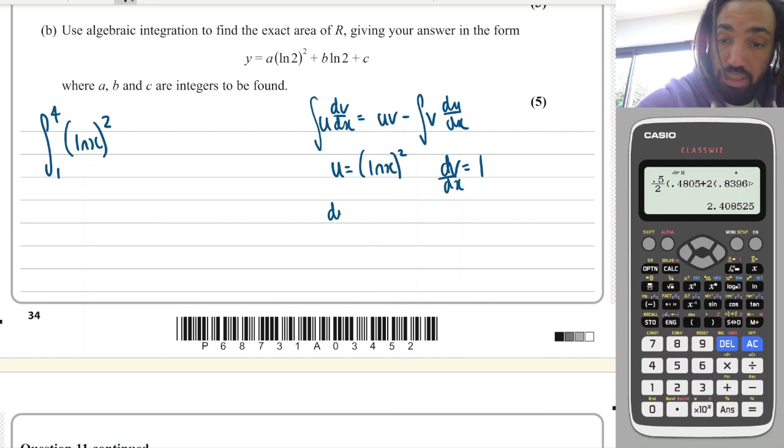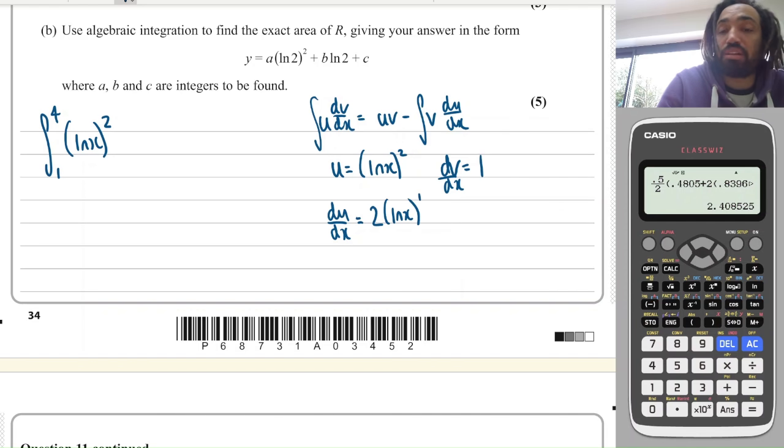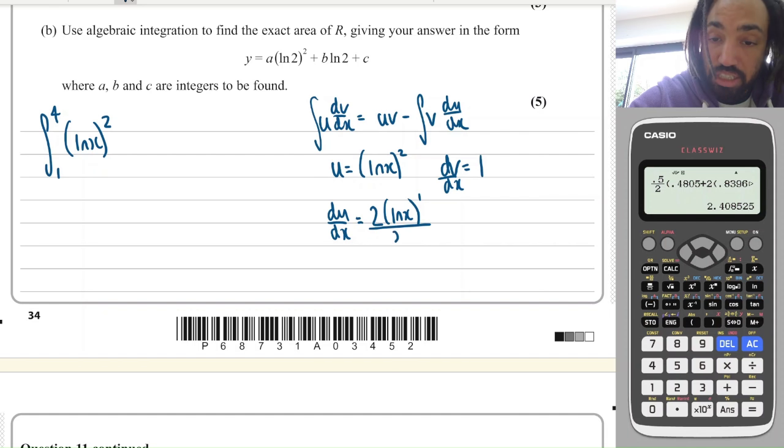So differentiating this, I'm going to need to use the chain rule. So I'm going to bring the 2 down to the front, keep the bracket the same, drop the power down by 1, and then I'm going to multiply it by the derivative of the bracket, which is 1 over x. So multiplying through by 1 over x is going to give me this. And when I integrate this, it just integrates up to x.